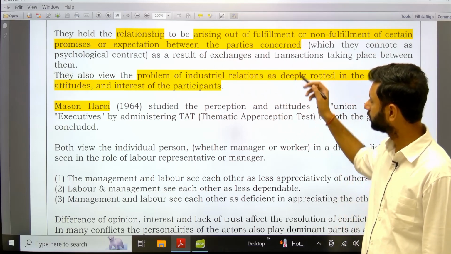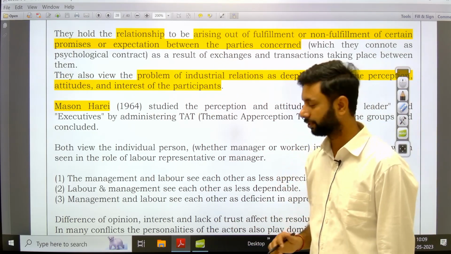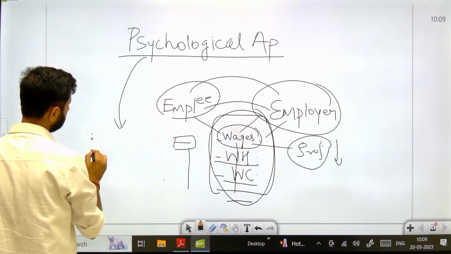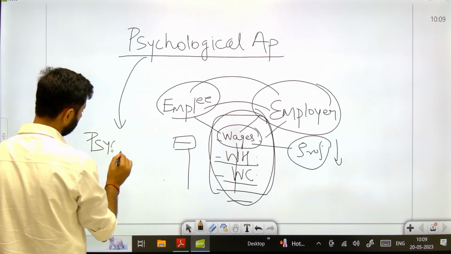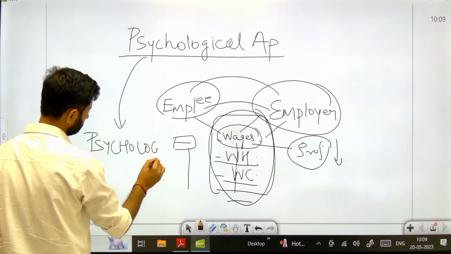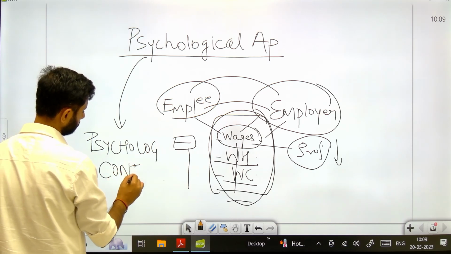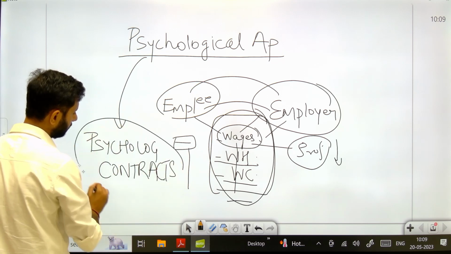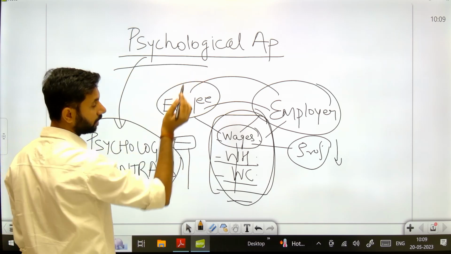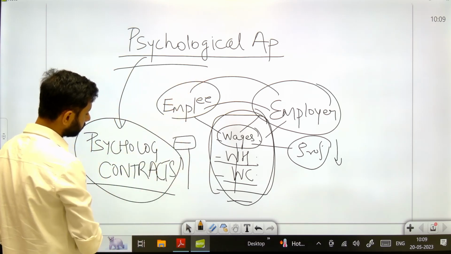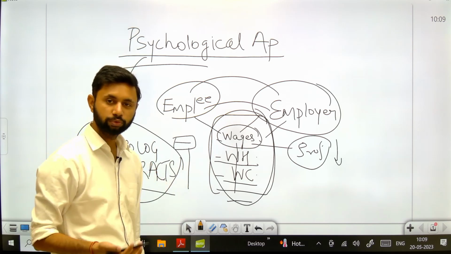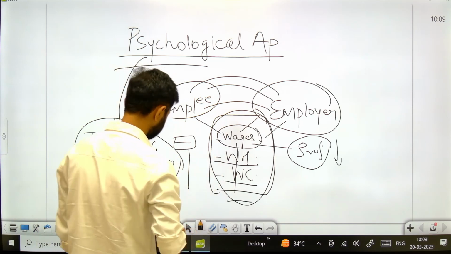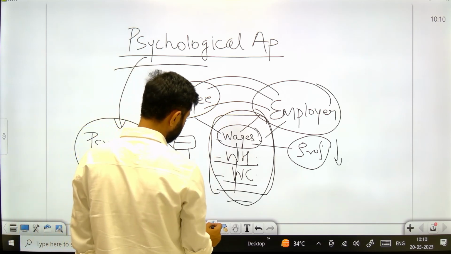These expectations have a peculiar term, psychological contracts. Remember these keywords whenever they talk about the psychological approach: psychological contracts, the expectations between employer and employees.